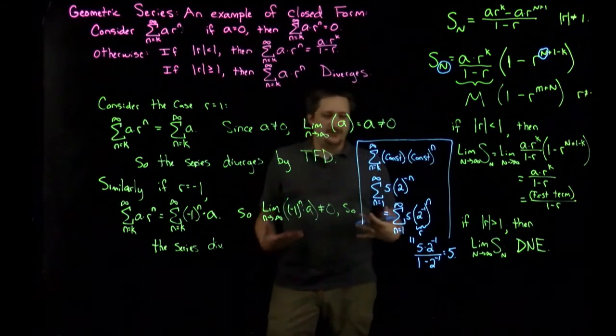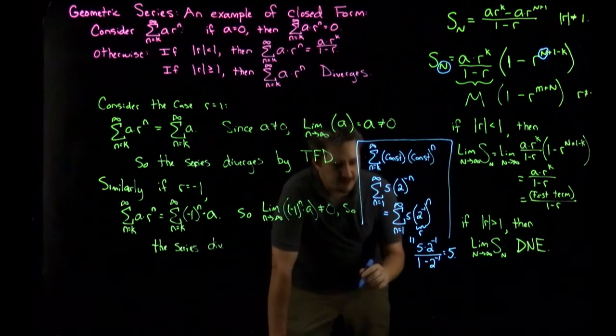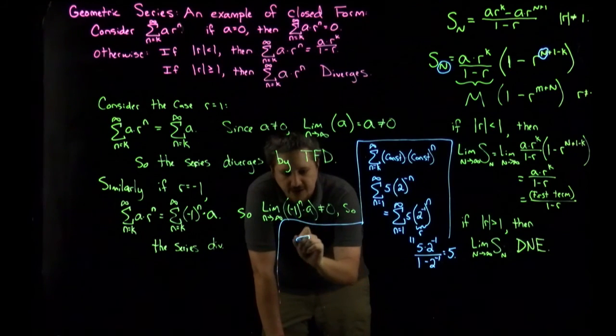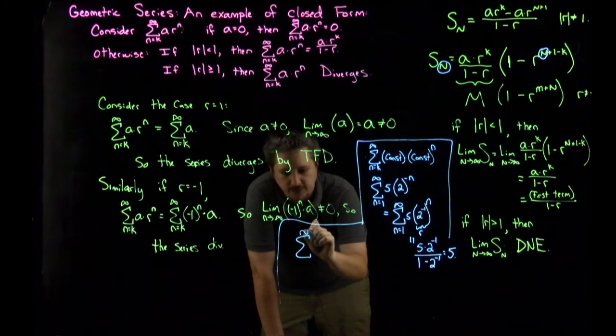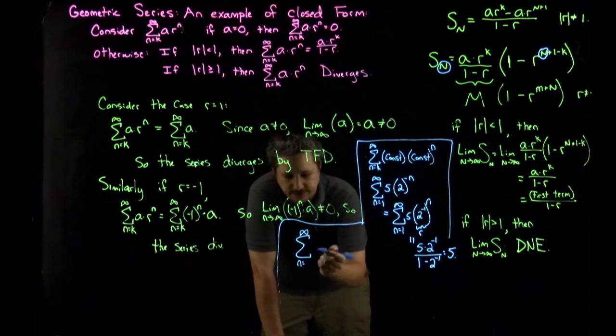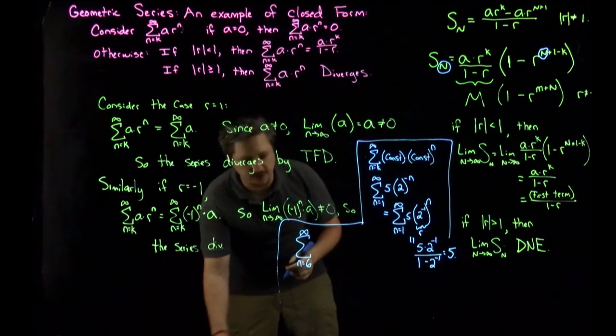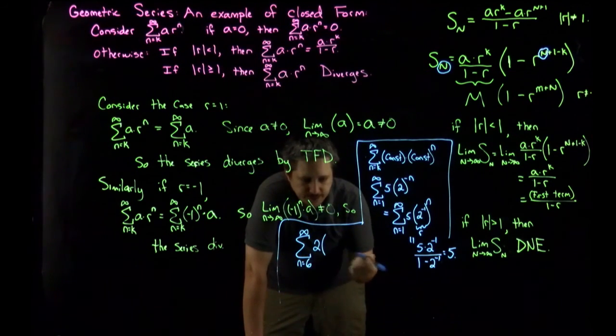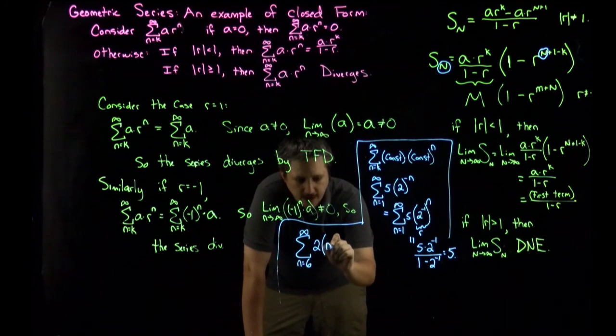And the other thing I want to make clear, because this happens sometimes too, is let's say I have another example. Let's say n equals 6, because I'm just going to make up a number. So let's say I have something like 2 times n plus 1 to the n.